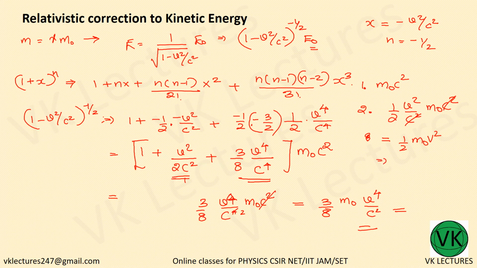This is nothing but the kinetic energy of the particle moving with some velocity v and rest mass m naught. So this is the rest mass energy, this is the kinetic energy, and this is the correction to the kinetic energy.